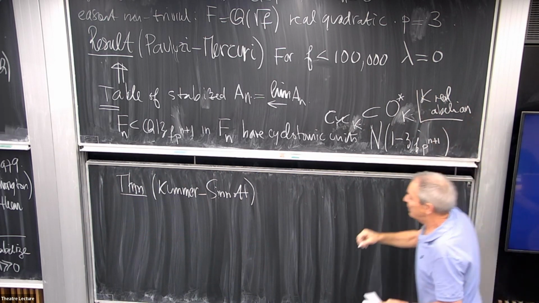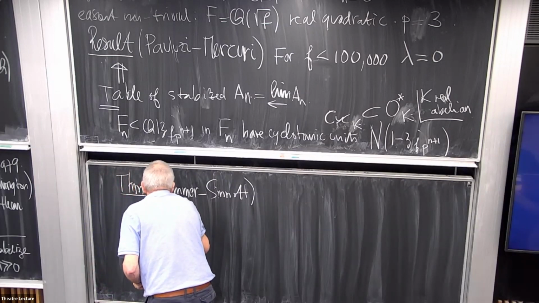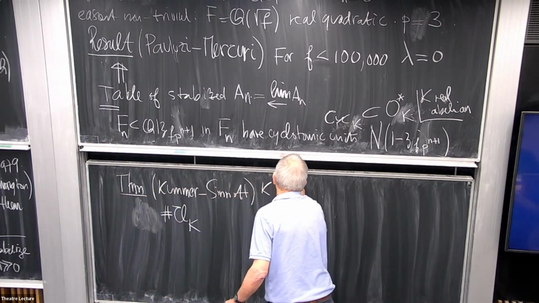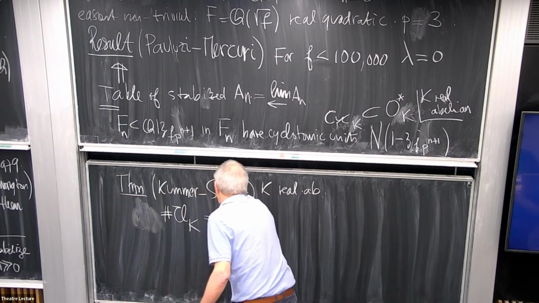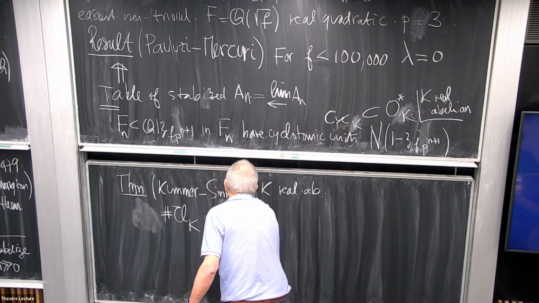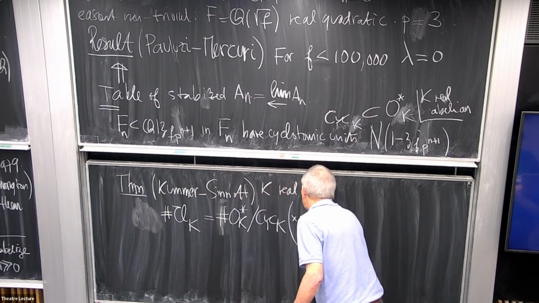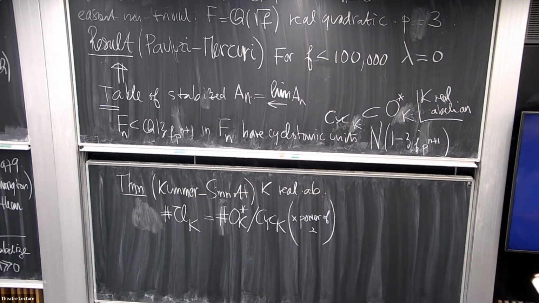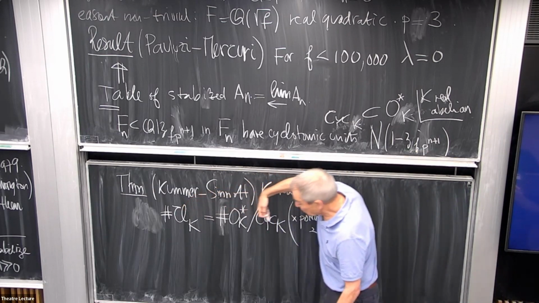So K is real abelian, and the cardinality of the class group is equal to the cardinality of a finite group, which is the units modulo the cyclotomic units, times maybe some power of 2. It means that the power of 2 will not play any role in what I will say. So we have equality of these two groups.